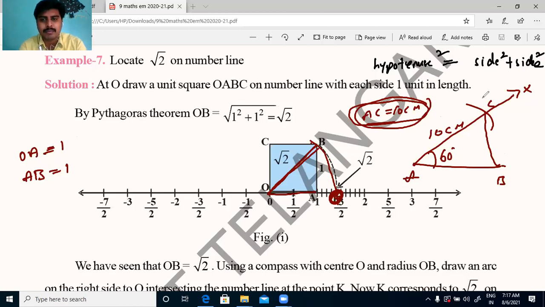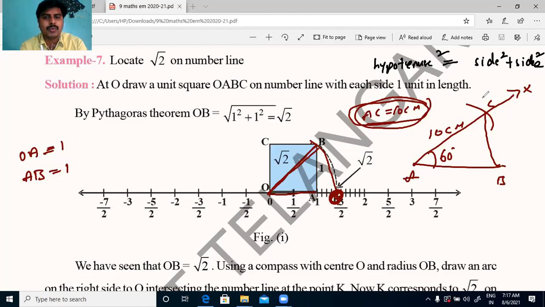We don't know the length of this OB. We don't know the exact point where root 2 lies. So that is the purpose. We are representing root 2 by using an arc, Nana. You know, by using a compass, we draw arcs.